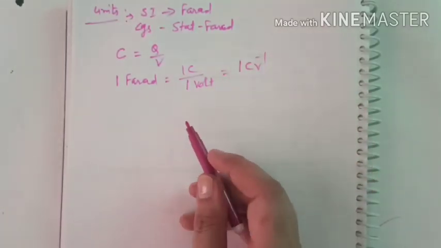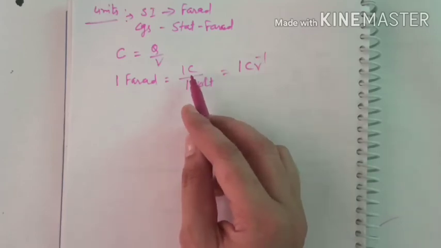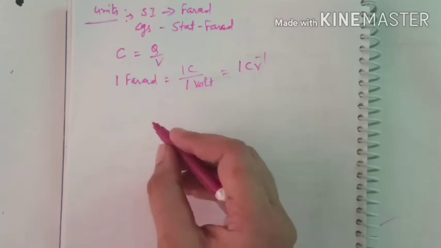The capacitance of the conductor is said to be 1 farad if a charge of 1 coulomb raises its potential by unity, or by 1 volt.